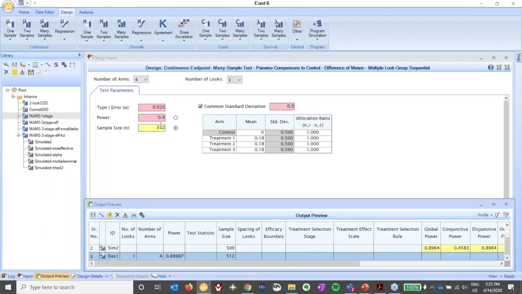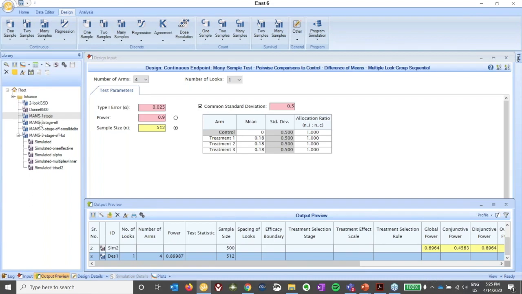And actually, if I went back to the Dunnett test that I showed you before through the simulation approach and entered 512 as a sample size in this simulation, we would actually get at least 90% power. So this just illustrates that this method that we're going to be extending now to more than one stage is actually an extension of the Dunnett test.